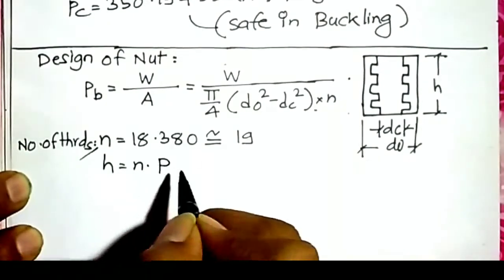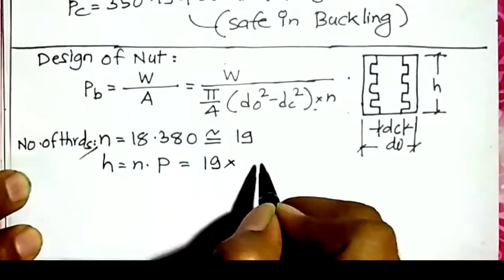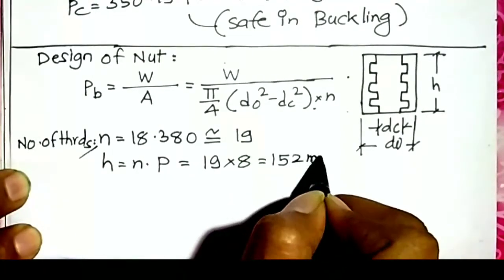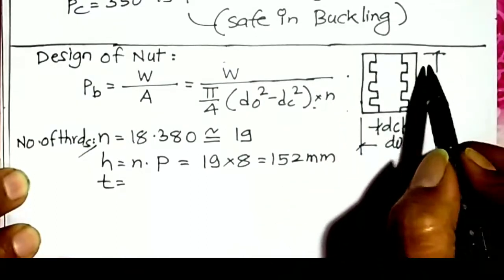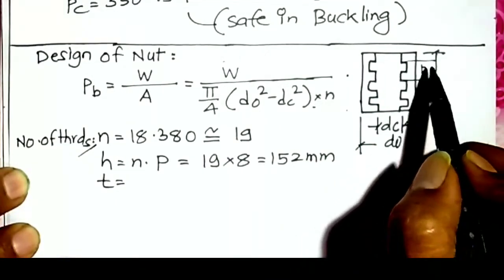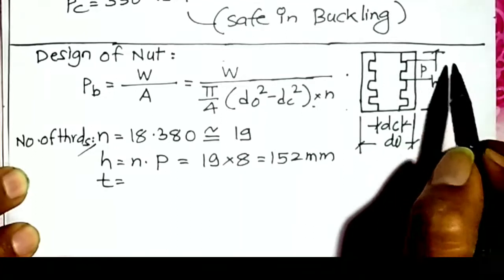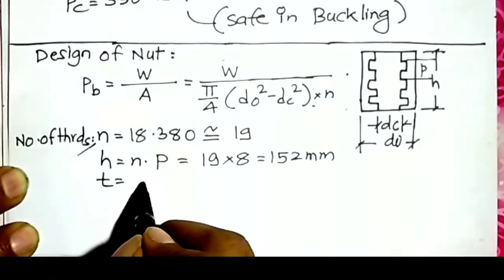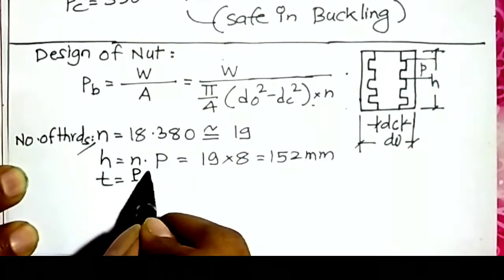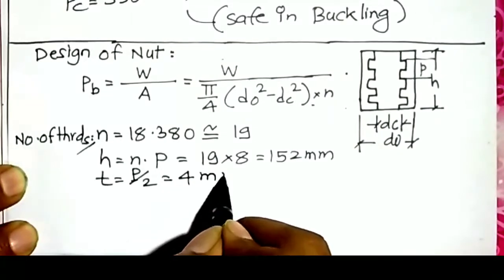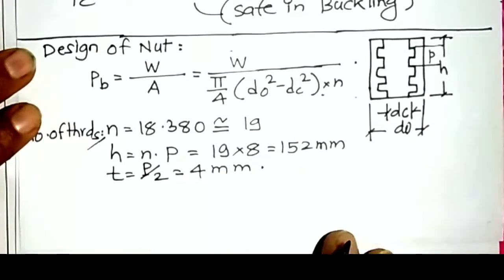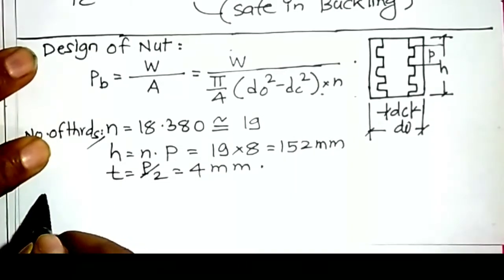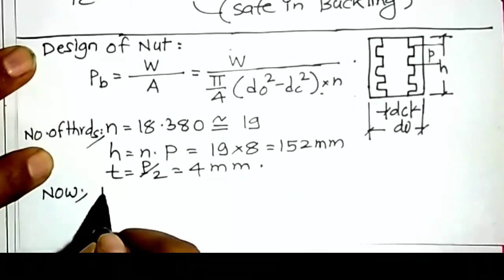So bearing pressure is load upon area. Area is pi by 4. Now bearing will be between DO and DC. So pi by 4 DO square minus DC square. This is for n number of threads which are in engagement. So n is to be calculated and n comes out to be 18 point something, that is equal to 19. So height of nut is number of threads in engagement with the nut multiplied by pitch.